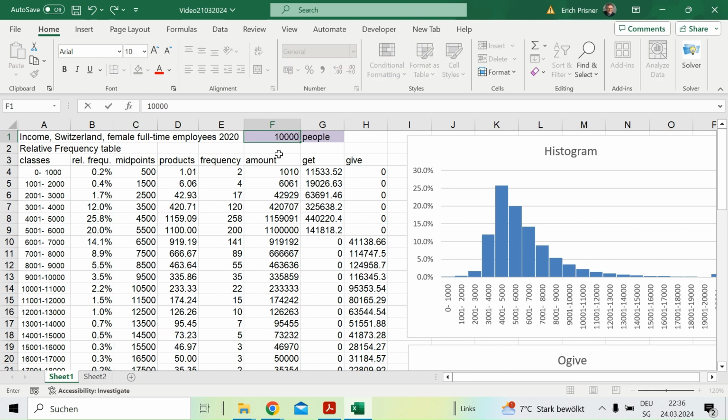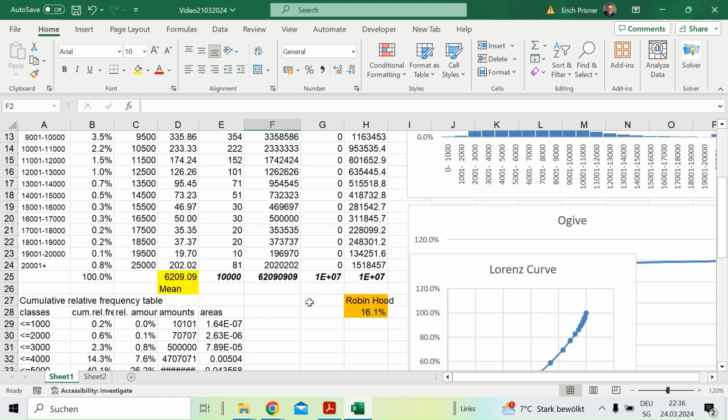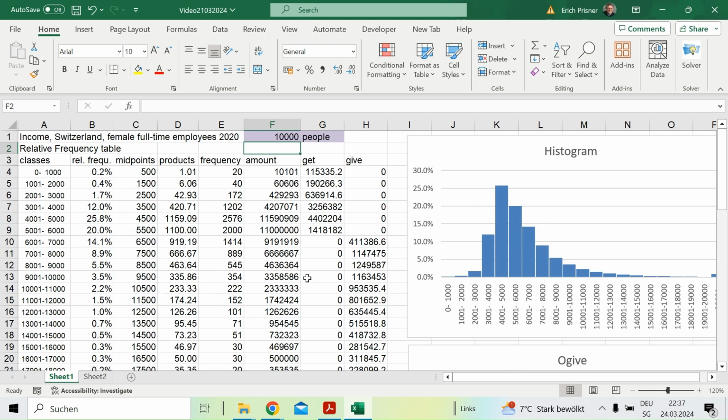How do these two values change? And you see, if I release it, a lot of things in the sheet will change. All these numbers here will change, as you can see. But the Robin Hood index is still the 16.1%, and the Gini index is still our 22.5%. So both of these calculations do not depend on the assumption of how many people we are looking at.